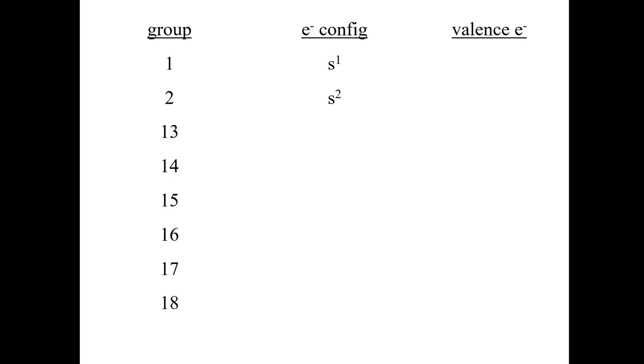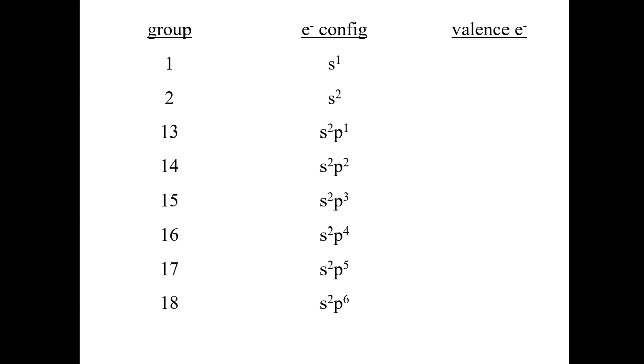So we would have an S2, but now we'd be starting the P, so it would be an S2P1. And so group 14 would be an S2P2, and group 15 would be an S2P3, and so on and so forth, until we got to group 18, which is the noble gases, and they have a completely filled energy level. So they are an S2P6, right? Everything's completely full.